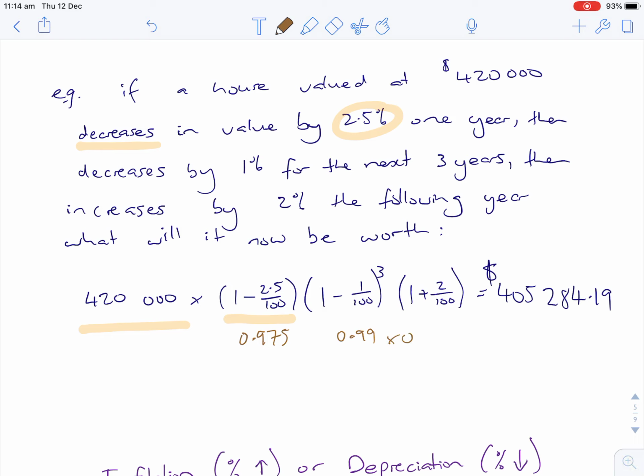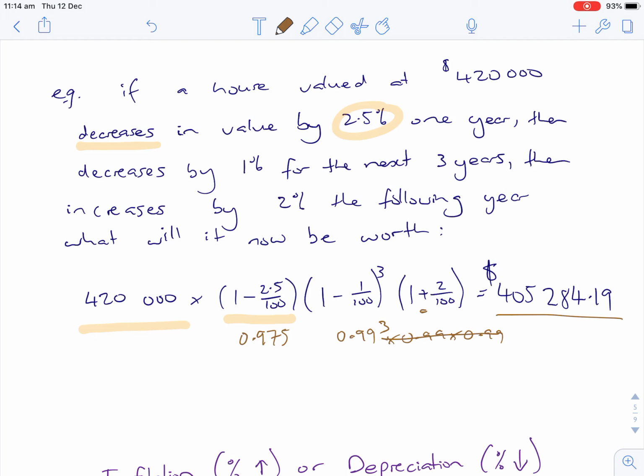I would do that for the next 3 years. So instead of writing it like that, I'm just going to go 0.99 to the power of 3, just to make it quicker for yourself. And then it goes up by 2%. So then I add the 2% for the next one, and I just apply it, so I can put that in my calculator with that string of multipliers, and I'd get my final answer.